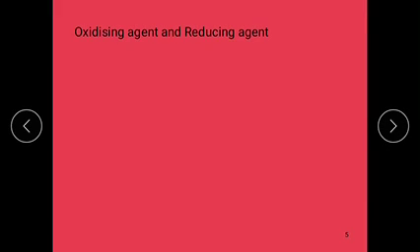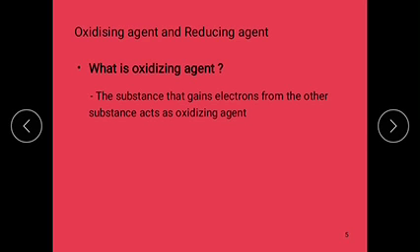Now let us see what an oxidizing agent and a reducing agent are. First, the oxidizing agent: the substance that gains electrons from another substance acts as an oxidizing agent.